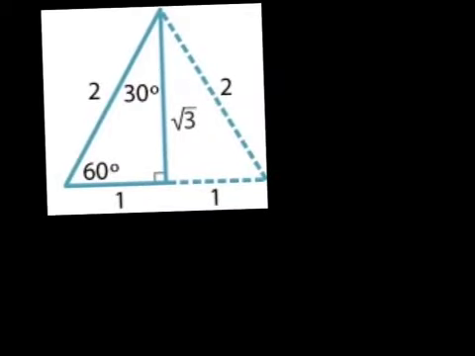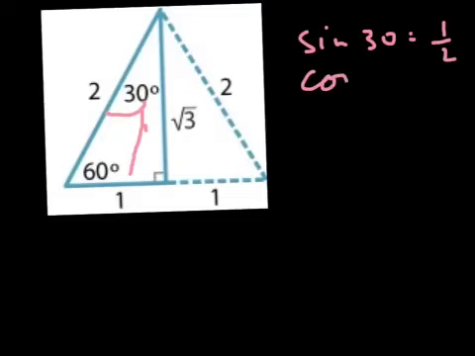Okay, looking at 30 degrees first, we can see that for 30 degrees, if we go opposite over hypotenuse, we see that sine 30 equals 1 over 2, which is a half, of course. And similarly, if we look at cos 30, what do we get? Cos 30 equals adjacent.